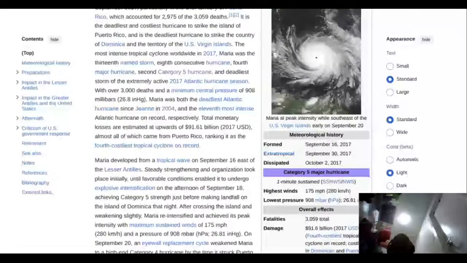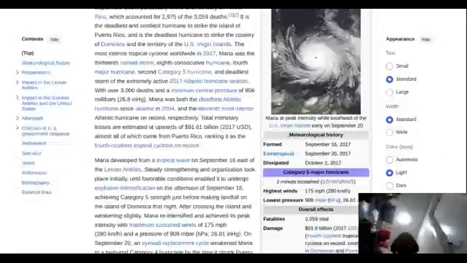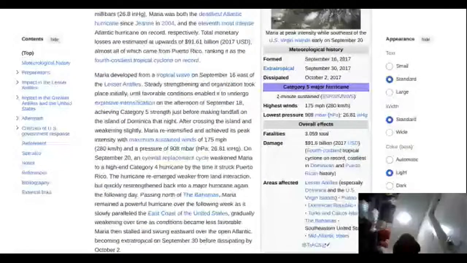This hurricane caused at least a major outbreak for Georgia and Alabama. Category 5 major hurricane with 3,059 fatalities. And it was $91.6 billion in U.S. damage.